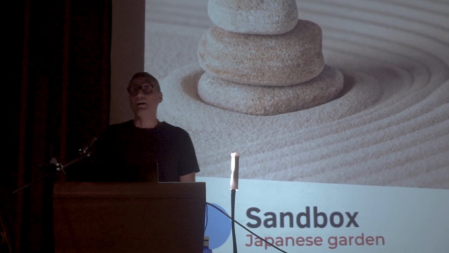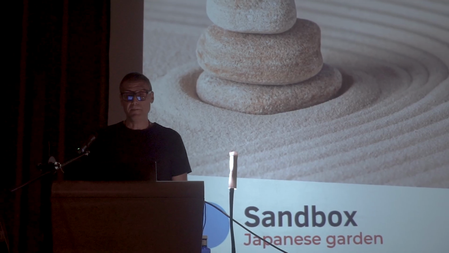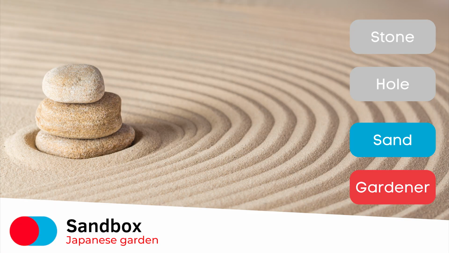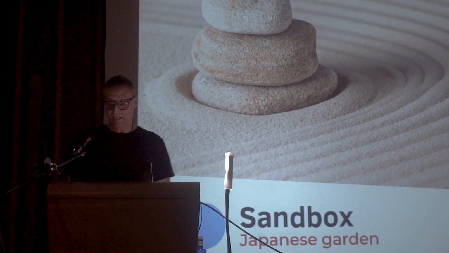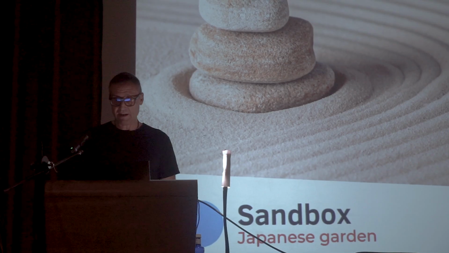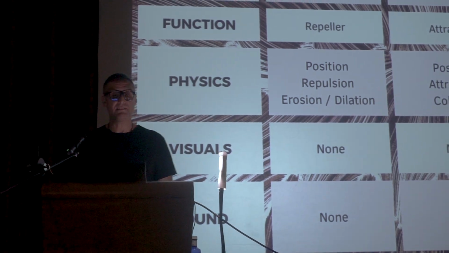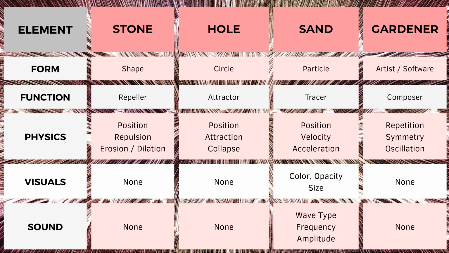So this is a very simulated project where there are different characters: stones, holes, sand, and the gardener. Every one of them has a function in this emergent ecosystem. So the idea is every one of them has a function, a form, physical properties.